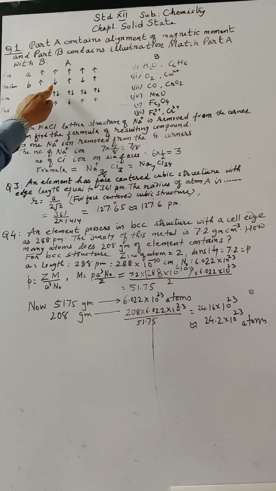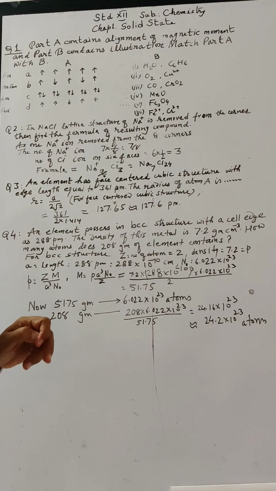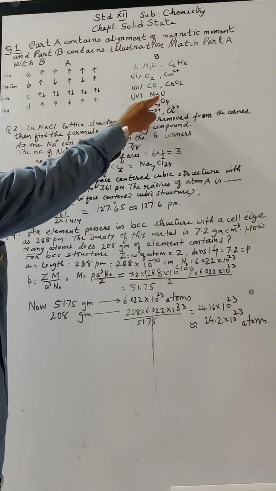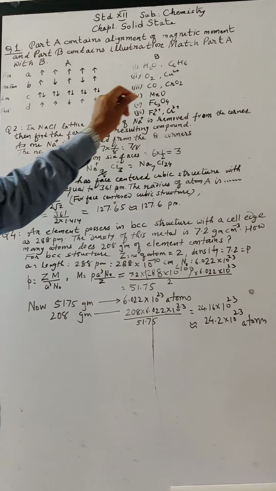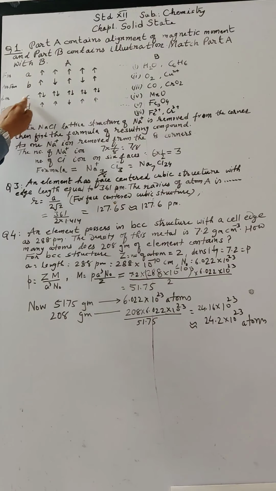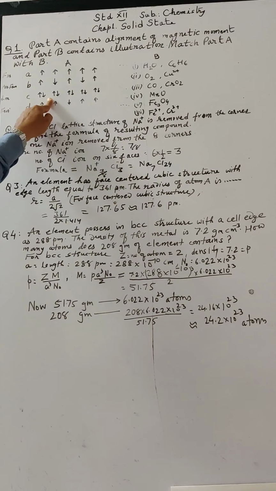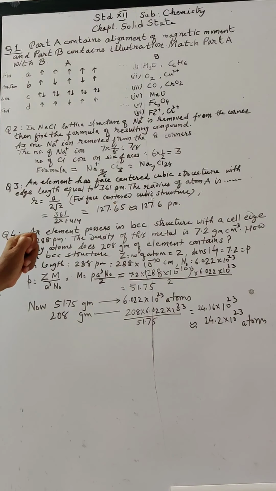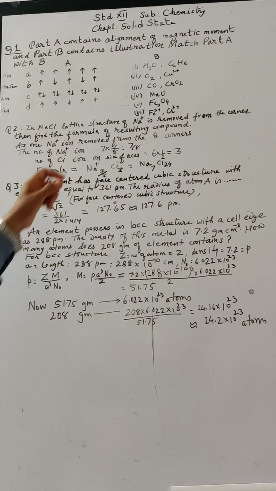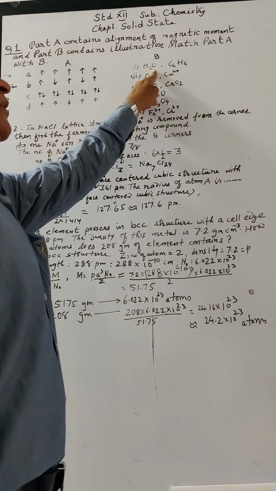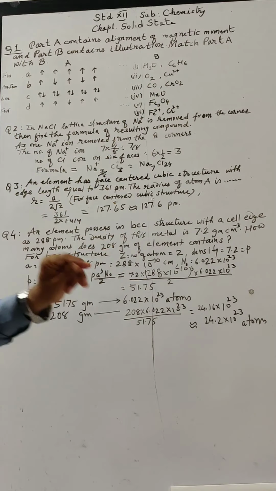And in B, this type of magnetic moment indicates antiferromagnetic. The illustration of antiferromagnetic is MnO. And C indicates diamagnetic because here electrons pair, so this electron pair indicates diamagnetic, and the illustration of diamagnetic is H2O and C6H6.